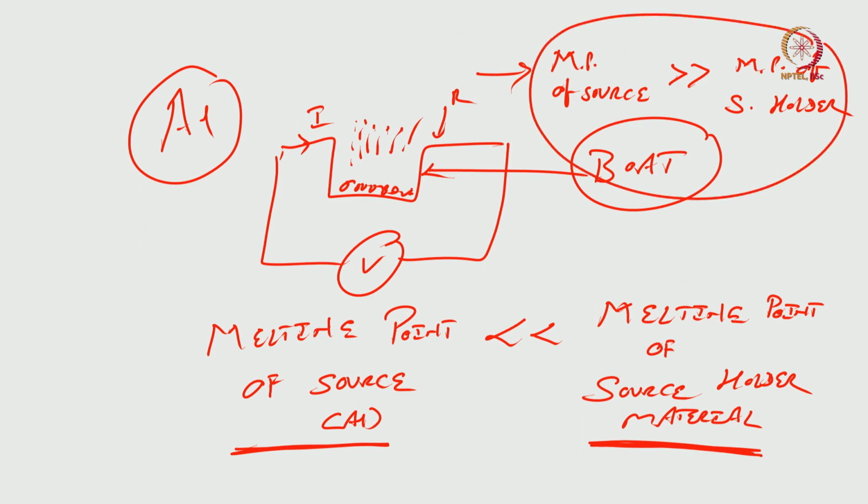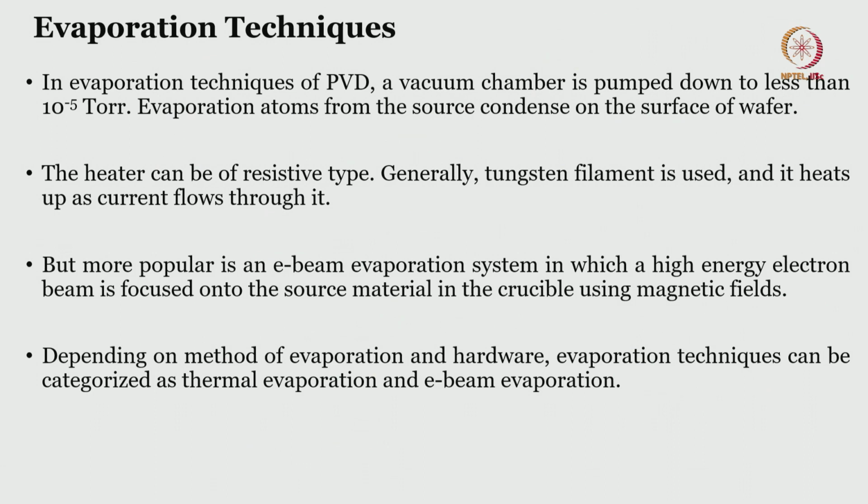When the melting point of the source is greater than the melting point of the source holder, we cannot use thermal evaporation. Everybody understood this much? Easy to understand, right. So, this is a limitation. Then if I cannot use thermal evaporation, what should I do? So, the question remains, how can we overcome this limitation?